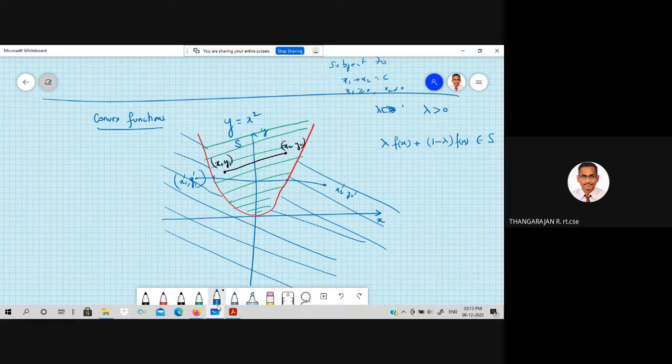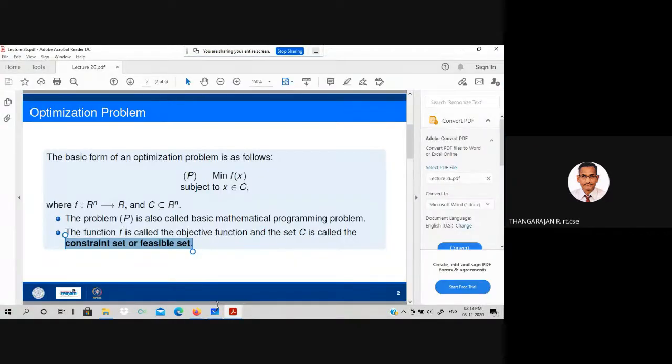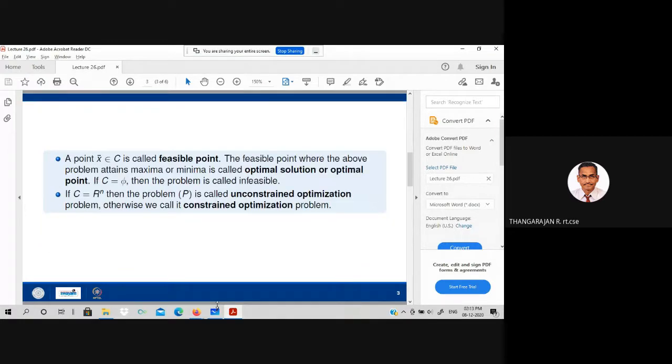For example, this is a region S, then for any 2 points, lambda times this function plus 1 minus lambda times the function should be belonging to the same S. So this is what is called a convex function. Okay. So this you have to remember, because in the case of optimization, convexity of a function plays an important role. Okay. So this is what I told you about constraint optimization and unconstrained optimization. So now we'll go to the next one.